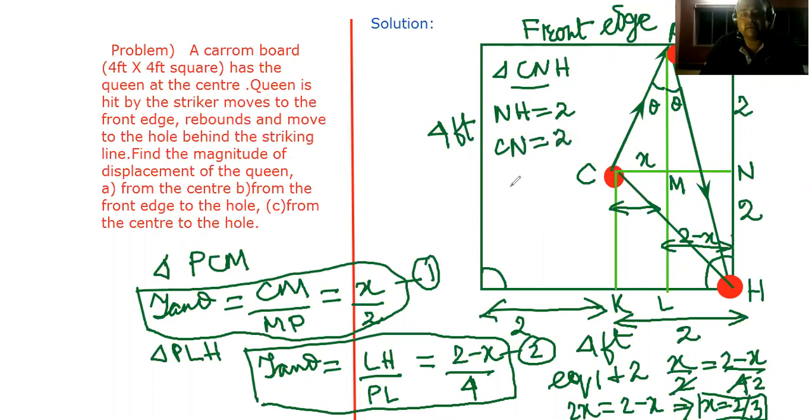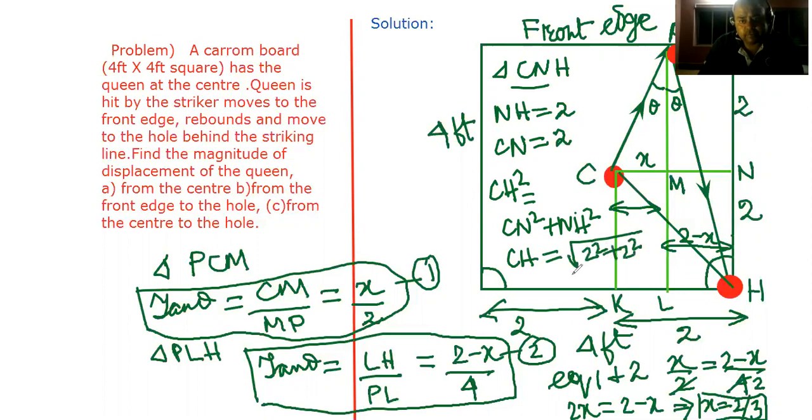So we can use the Pythagoras theorem once again and write that CH square is equal to CN square plus NH square. If I put the values over here, this is a very easy calculation, children. CH is therefore the root of 2 square plus 2 square. So CH is equal to 2 root 2 feet.